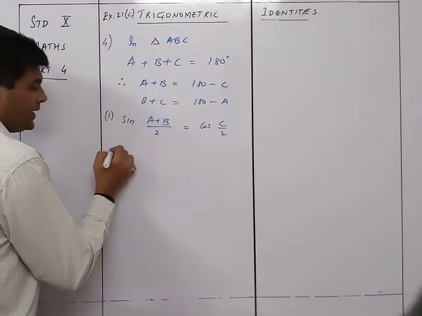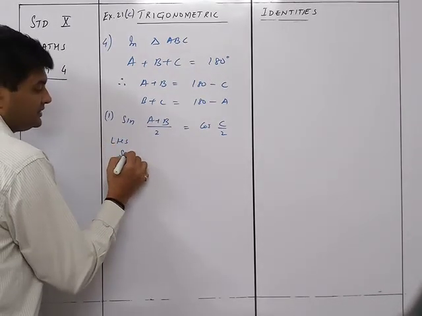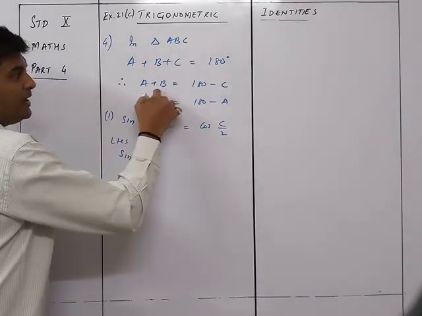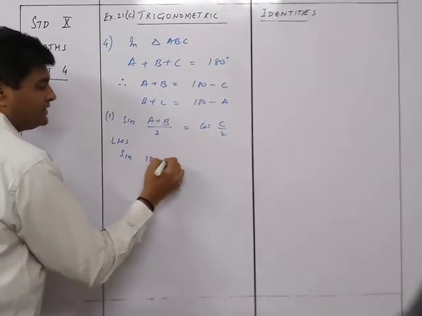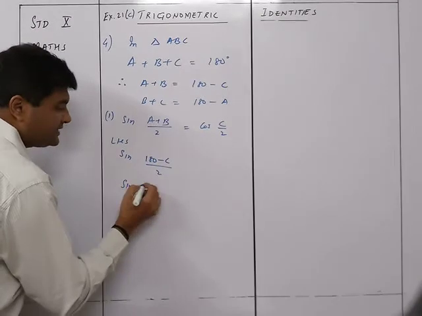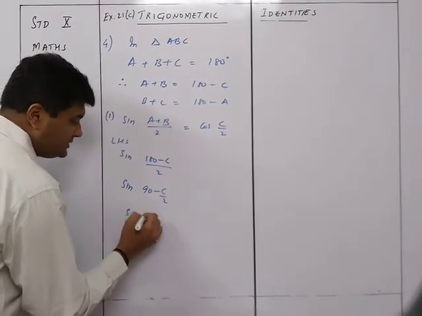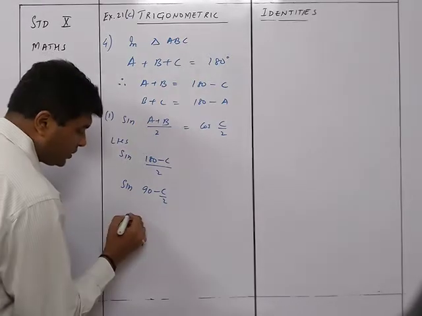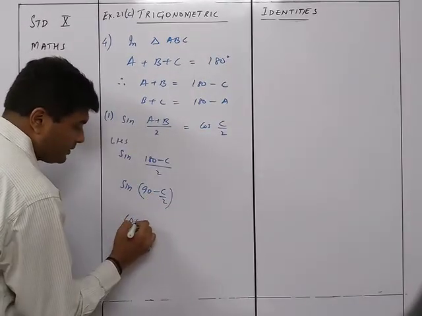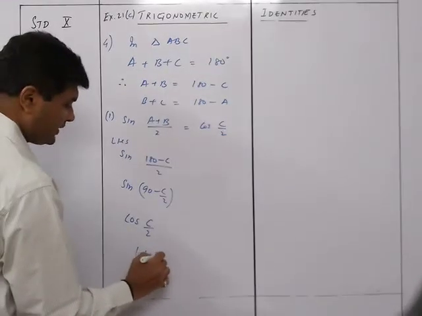LHS, sin A plus B upon 2, is nothing but 180 minus C upon 2. So that is sin 90 minus C upon 2, which is cos C upon 2, which is the required RHS. So LHS is equal to RHS.